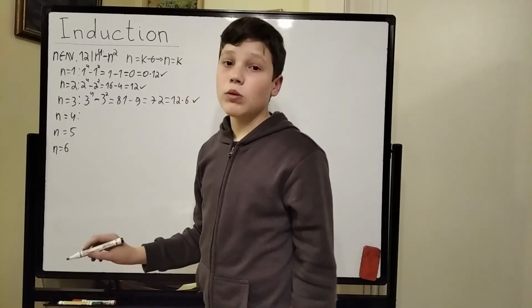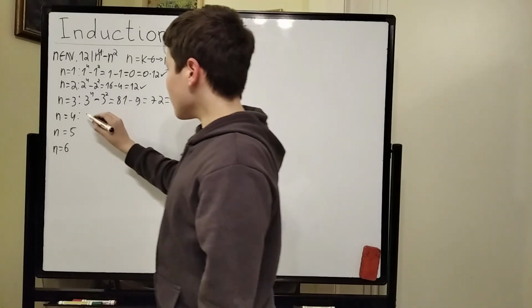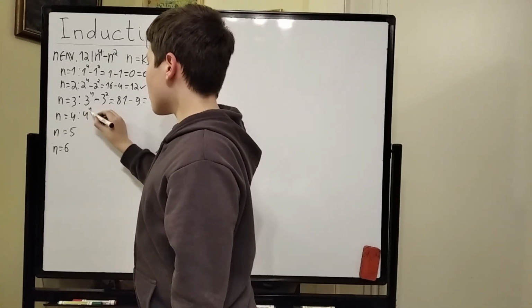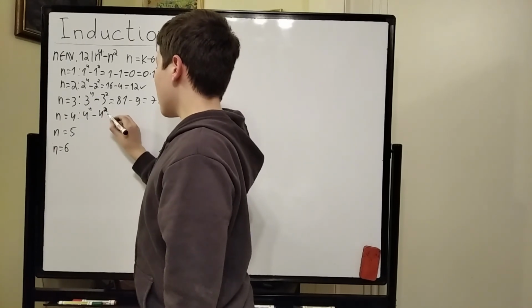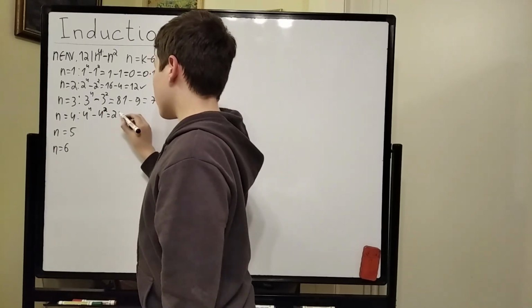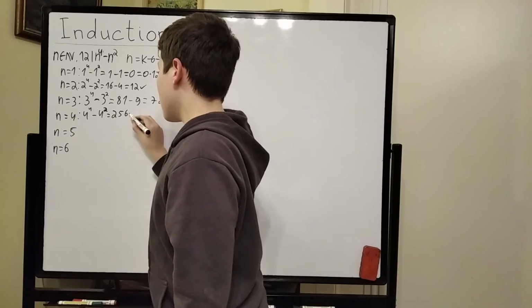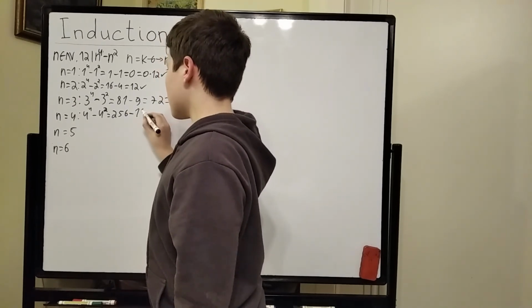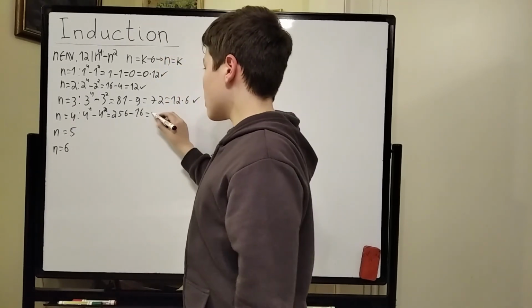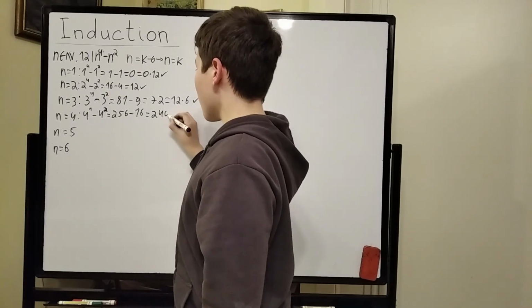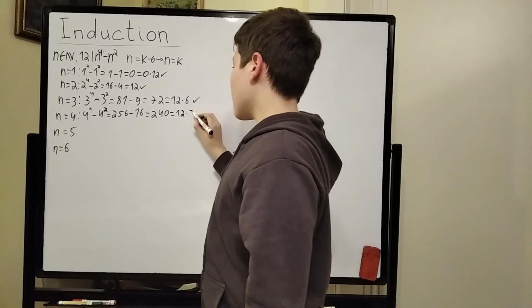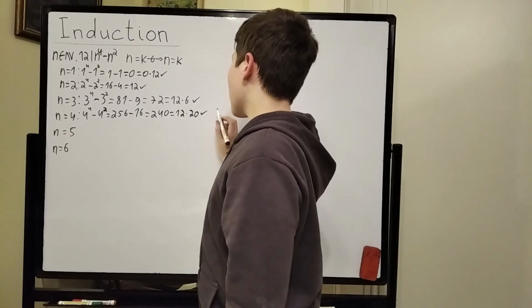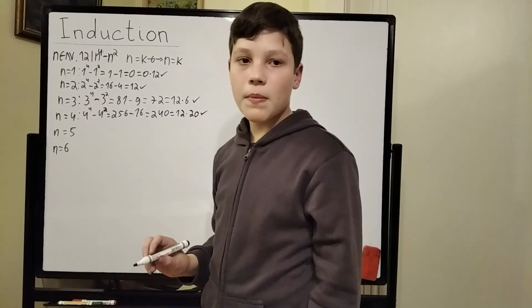For n is equal to 4, we have 4 to the fourth minus 4 squared, which is equal to 256 minus 16, which is equal to 240, which is equal to 12 times 20. So that also divides into 12.